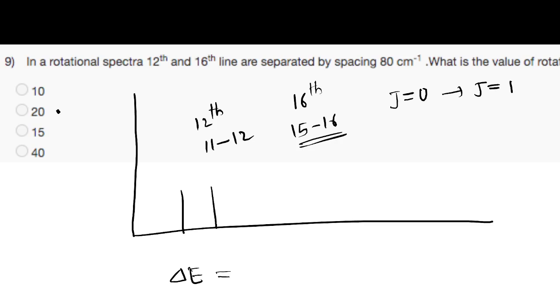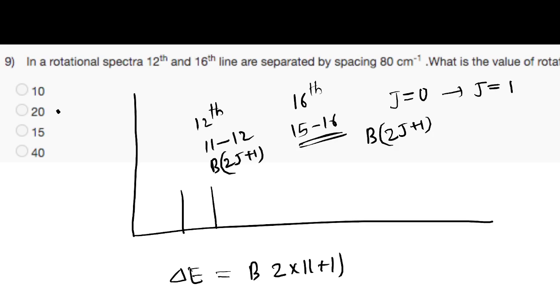Delta will be b 2j plus 1, and this is b 2j plus 1. So we have to take the difference. We have to take the 15th first because it is higher energy, and then subtract b 2 times 11 plus 1, and this is 80 centimeter inverse.